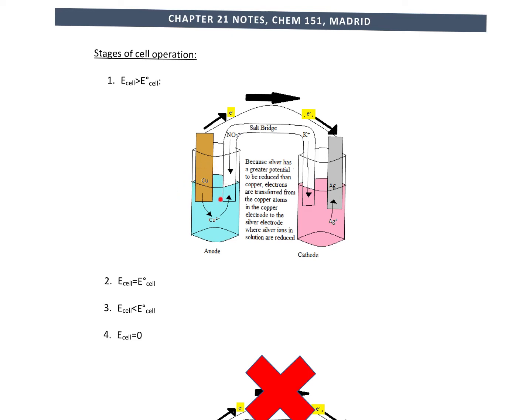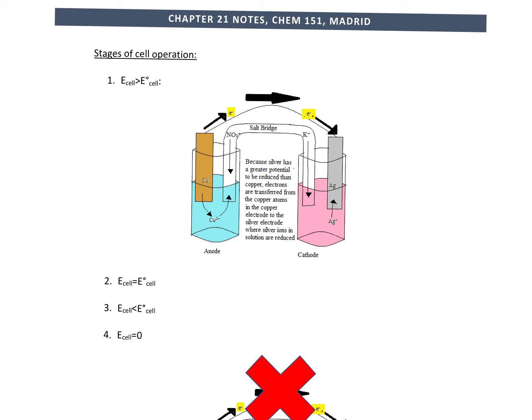Copper is being oxidized, so solid copper loses electrons and goes into solution. Silver is being reduced, gaining the electrons, and plating onto the silver. So you would see the silver metal build up and get thicker, and the copper gets skinnier and skinnier.